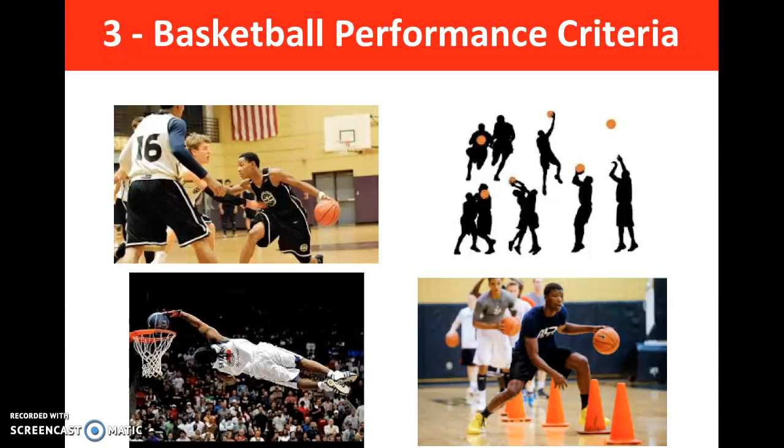An example of a performance criteria list for basketball may look like this: shot accuracy, which can be split so that it is more specific, such as 3-pointers, each player individually, or even backboard shots.